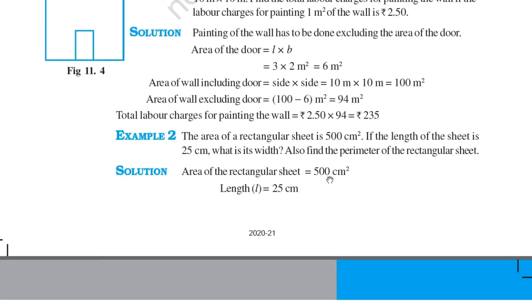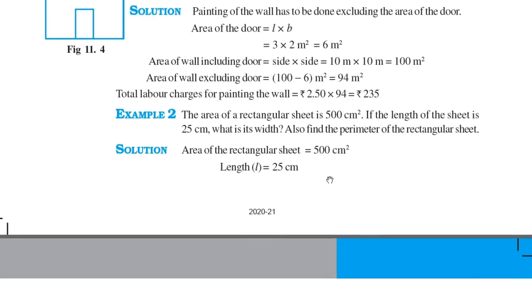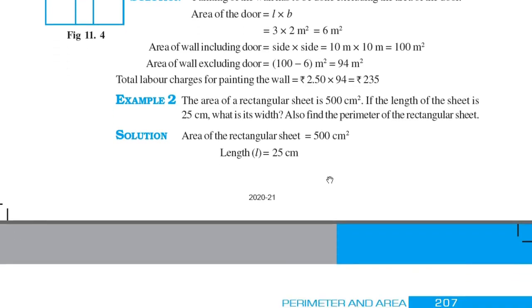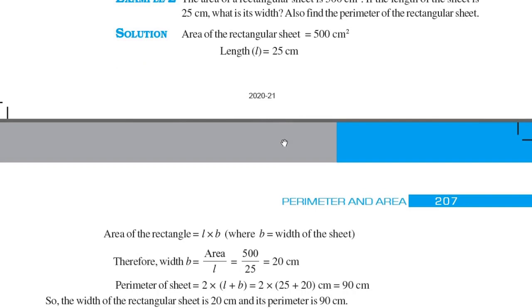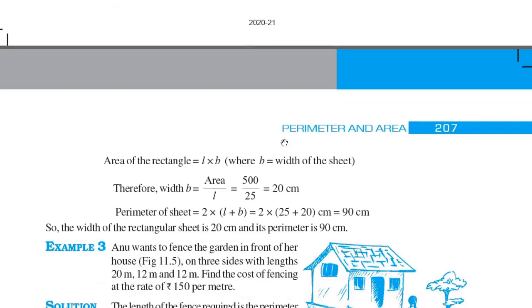Example number 2. The area of a rectangular sheet is 500 centimeter square. If the length of the sheet is 25 centimeter, what is its width? Also find the perimeter of the rectangular sheet. So you can see area of rectangular sheet is 500 centimeter square, length is 25 centimeter. So area of rectangle is L into B, where B is the width of the sheet.